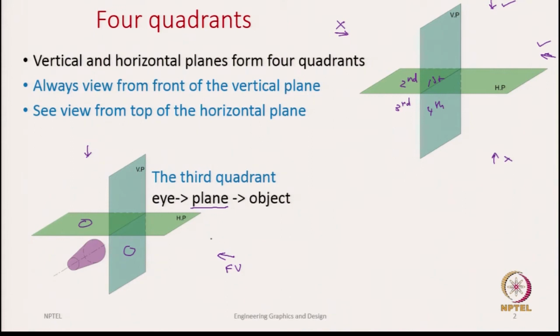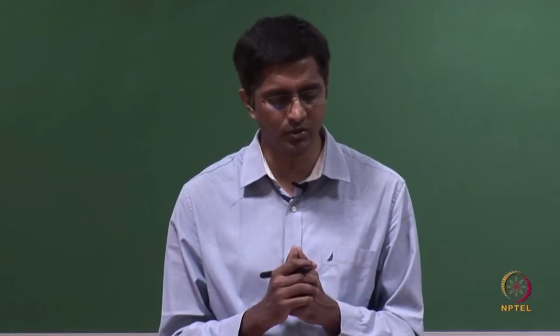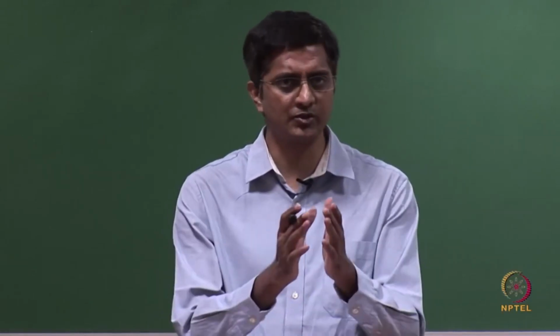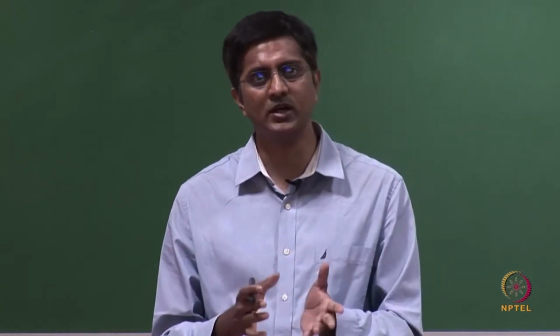In both the front view and the top view, we have noticed that in the middle we have the projection plane. Actually, if you notice, in the last two lectures we followed this principle. Without talking about all these rules, we simply said the projection plane is always in the middle. But now we will see the other possibility.